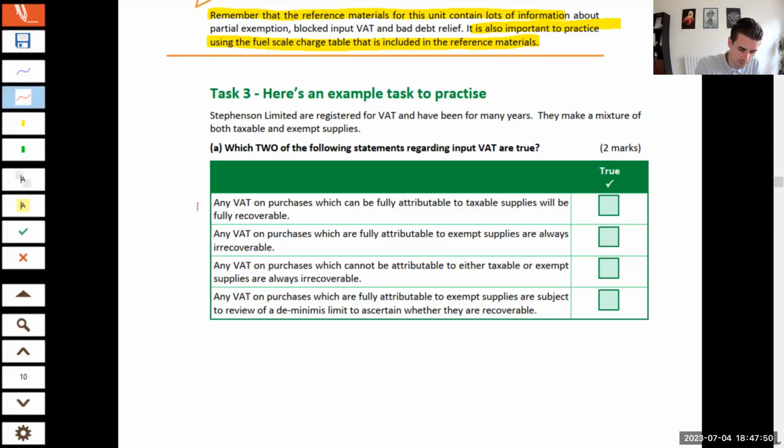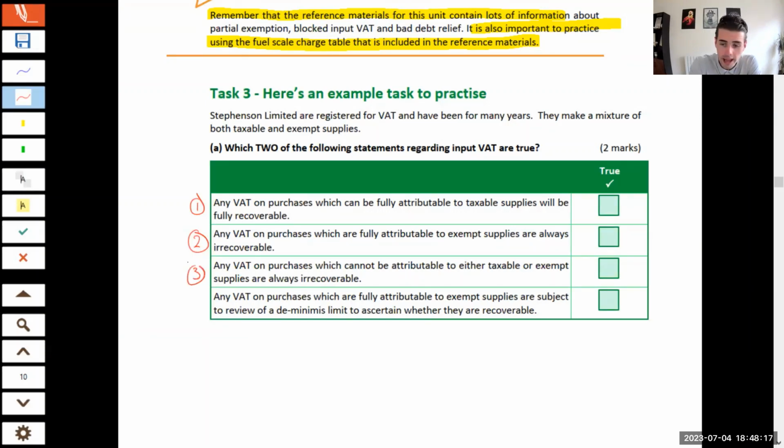Statement number 1 says that any VAT on purchases that is fully attributable to taxable supplies will be fully recoverable. Number 2, any VAT on purchases which are fully attributable to exempt supplies are always irrecoverable.